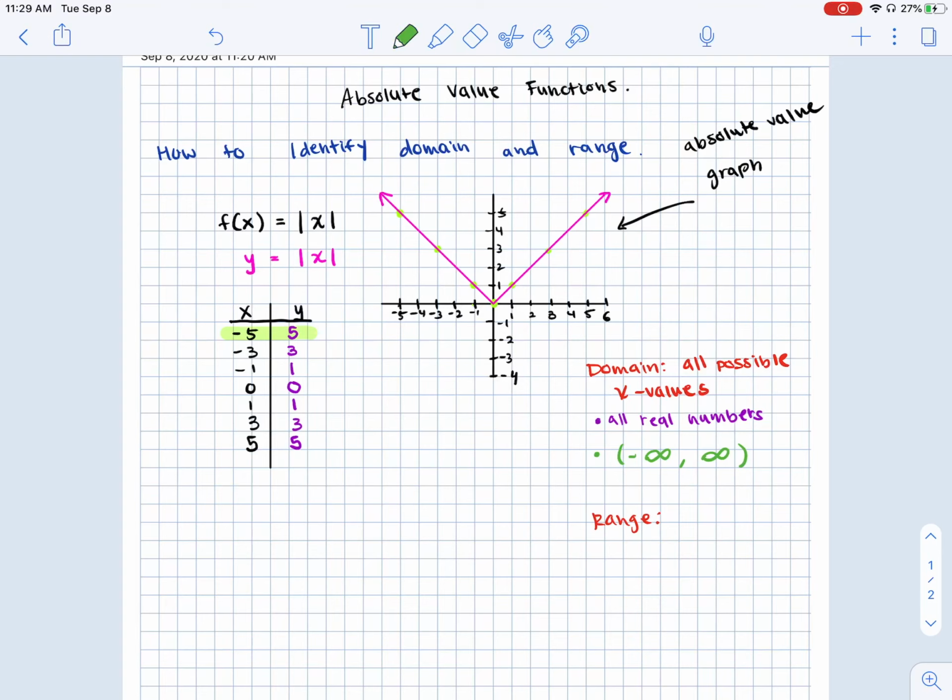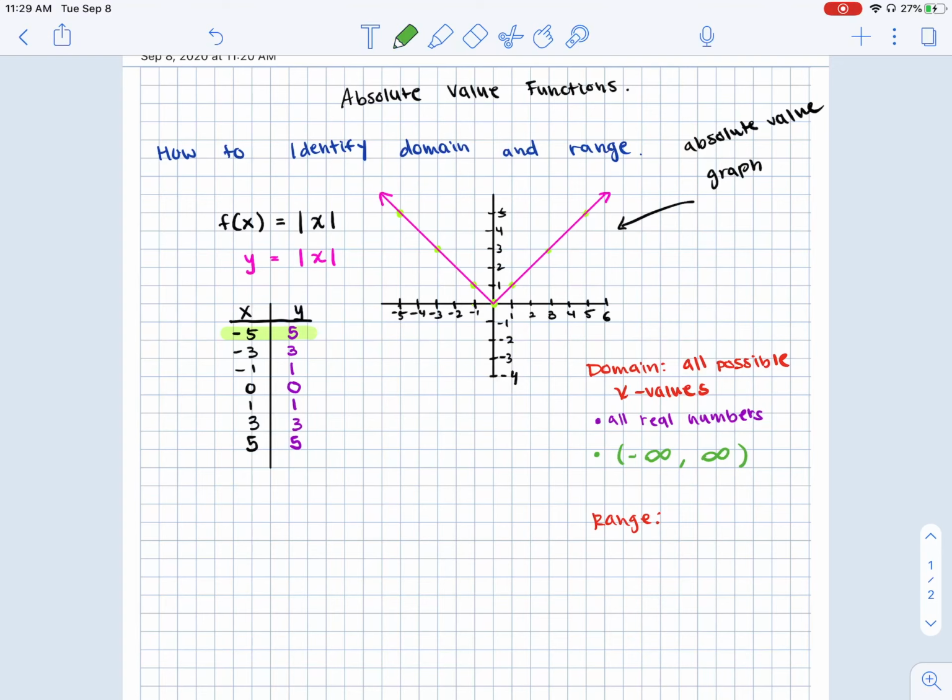And then for range, range is all possible y values. So from here, you're going to look at the y-axis. You'll notice that my graph actually starts at 0 and then it keeps going up.